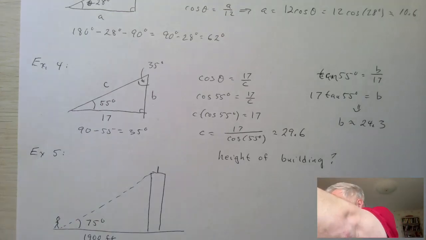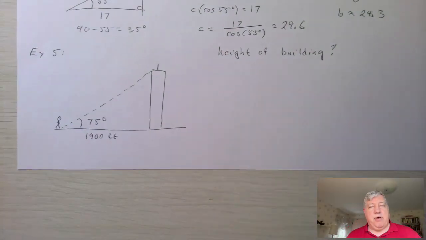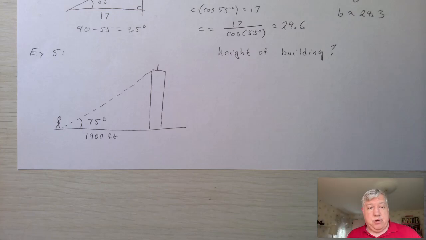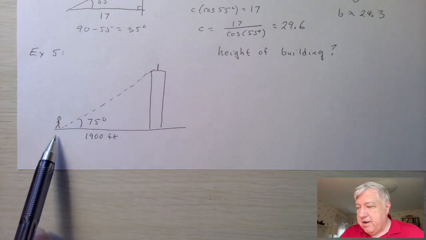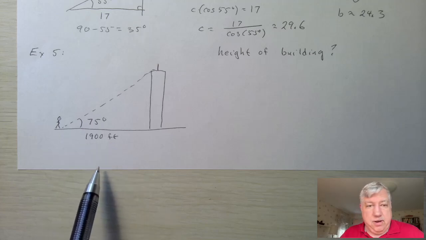Last example, now we actually get to see some trigonometry in action in real life. Surveyors use a lot of trigonometry. Let's say here we have a surveyor measuring the height of a building from 1,900 feet away.